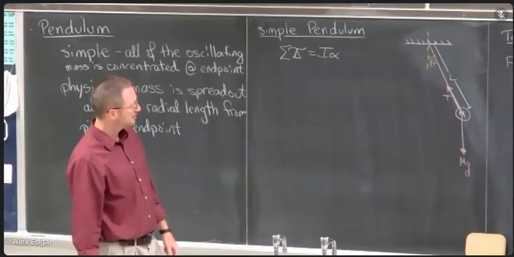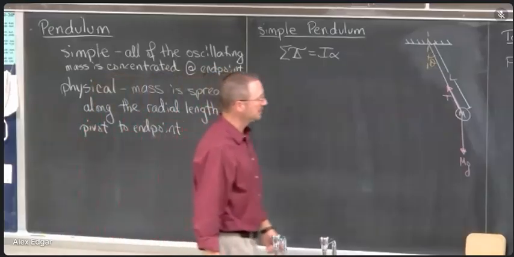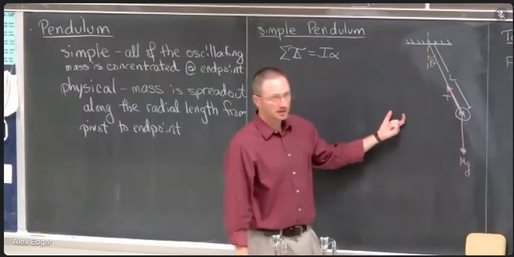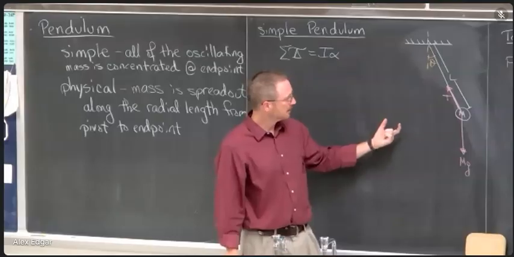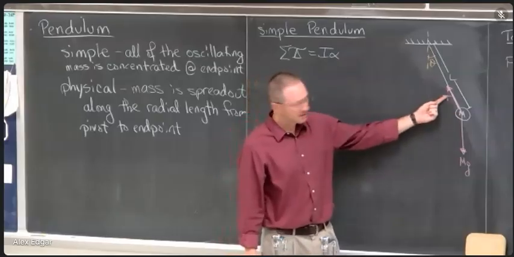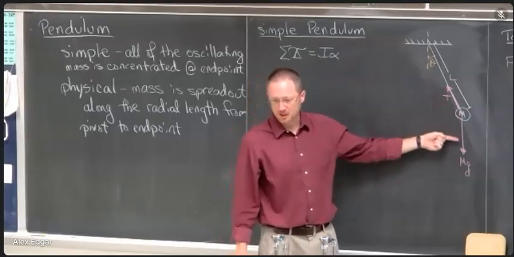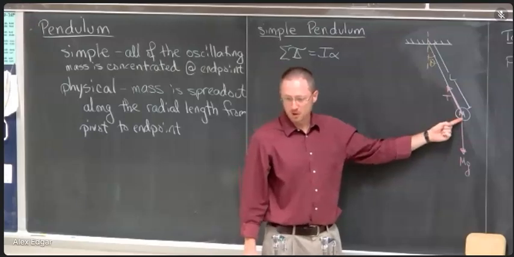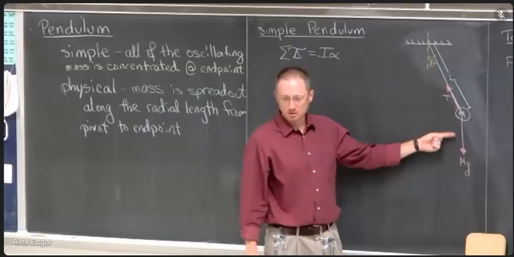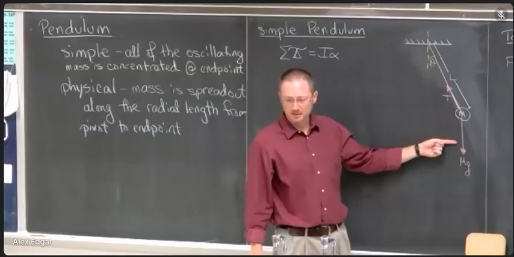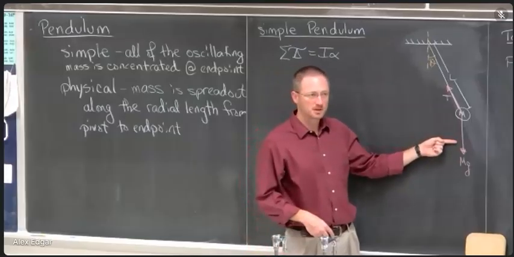Now this pendulum bob is going to swing back and forth in a circular arc, part of a circle, and it's going to be moving perpendicular to the tension in the string. So since its entire motion is perpendicular to the string, we need to split up the weight into components that are parallel to the string and perpendicular to the string.